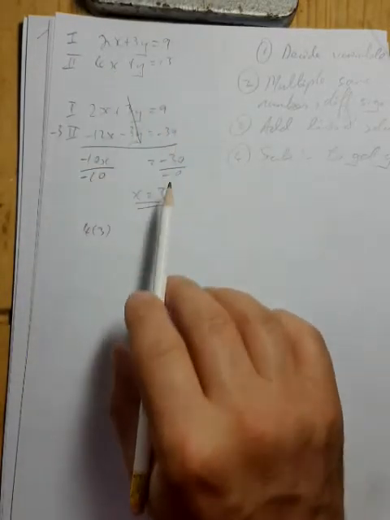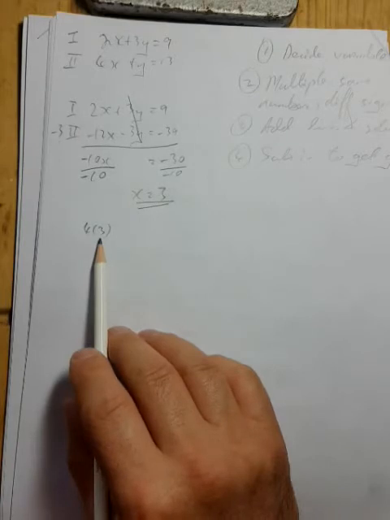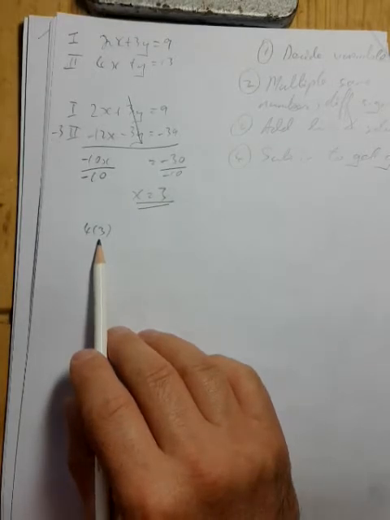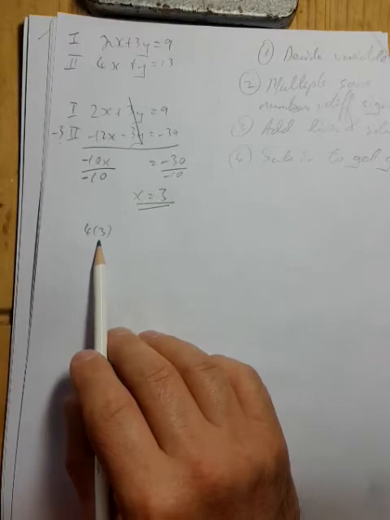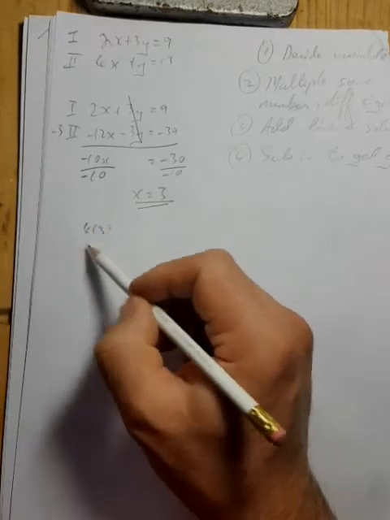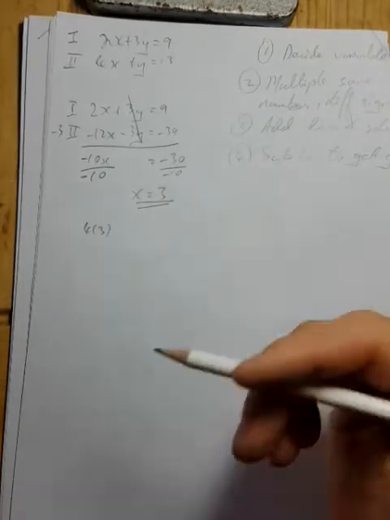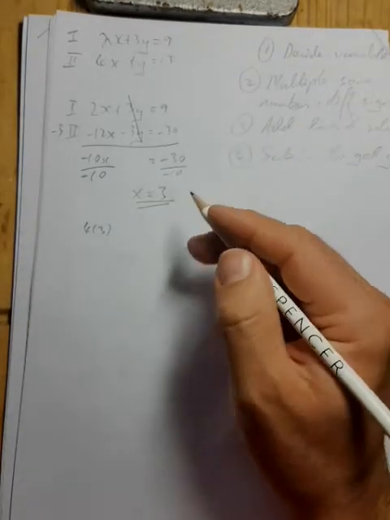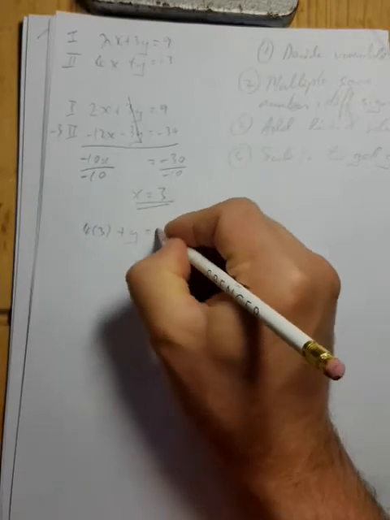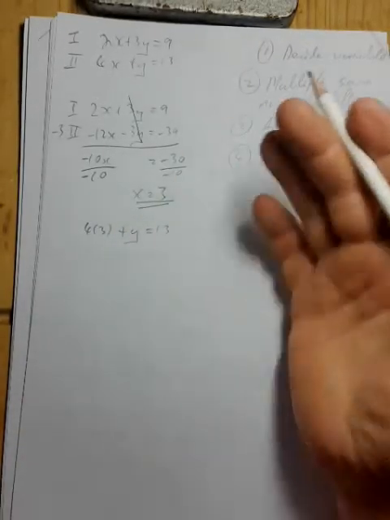Anywhere I had an x, I'm replacing it with a 3, so I write that as the number I'm replacing in brackets. This is really important that you do this. These little steps, using brackets when you substitute in, really help reduce the chance of you making a mistake. The most common mistake you will make doing these simultaneous equations is you get your signs wrong.